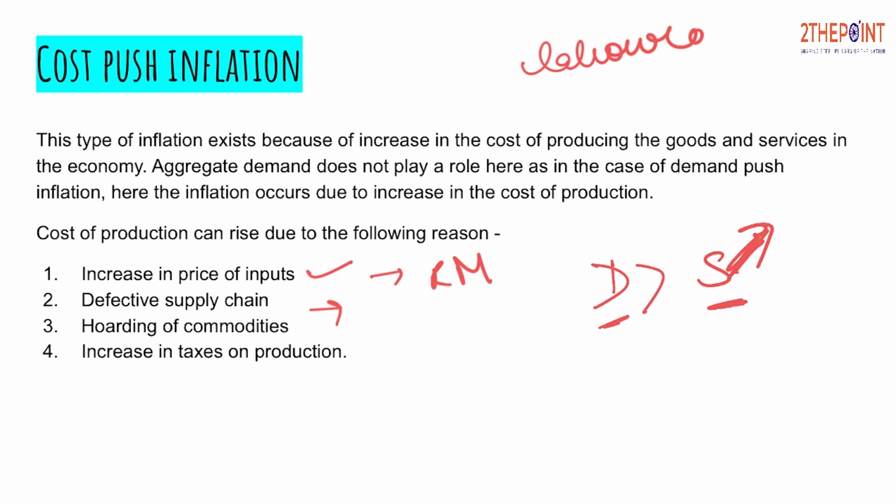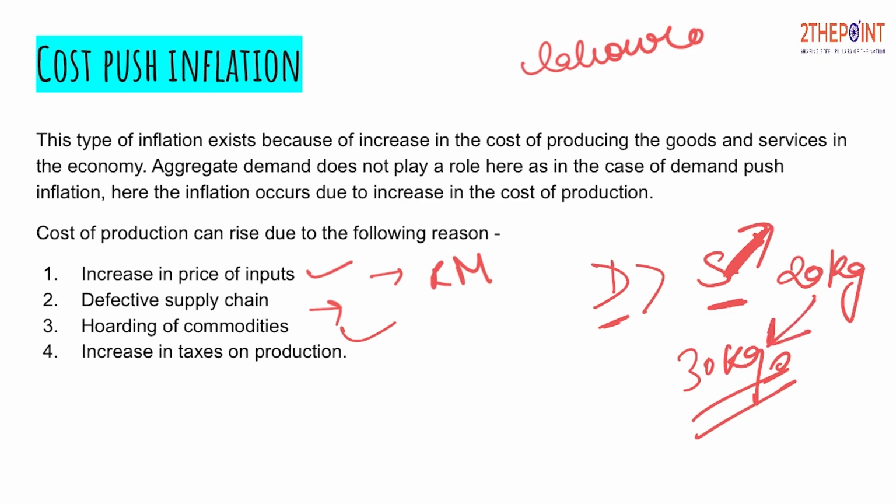If rice is 20 rupees per kg, he will hoard the stock, let the price increase in the market to 30 rupees per kg, and then release the stock. So due to hoarding of goods by some people in the market, there is cost push inflation, because the cost would gradually increase.